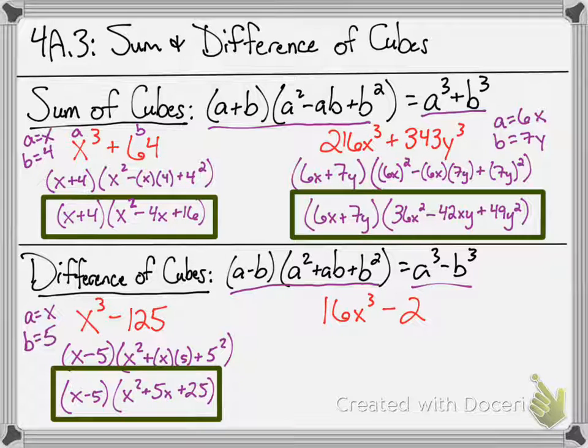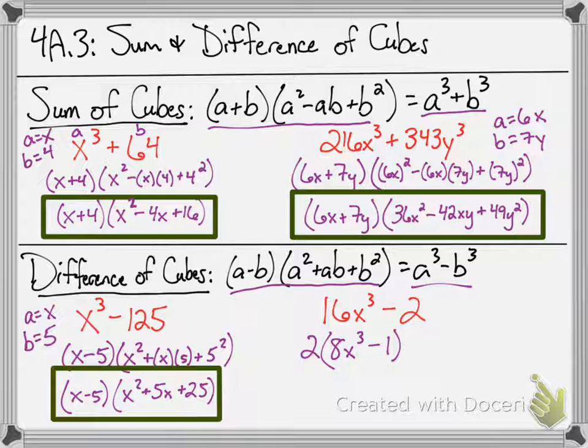However, if you look at both of these terms, you can take out a GCF. If I take a 2 out of both terms, I'm going to have 8x cubed minus 1. If I look at what's left in parentheses, that is a difference of cubes pattern. Okay? The 8x cubed will cube root. 1 will cube root.